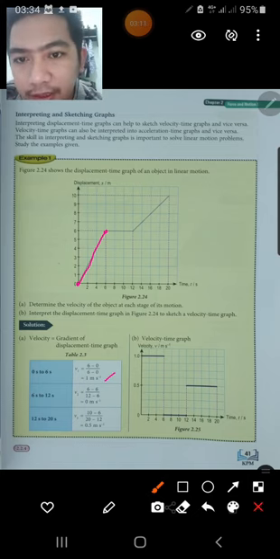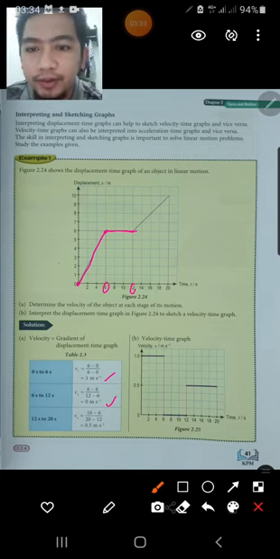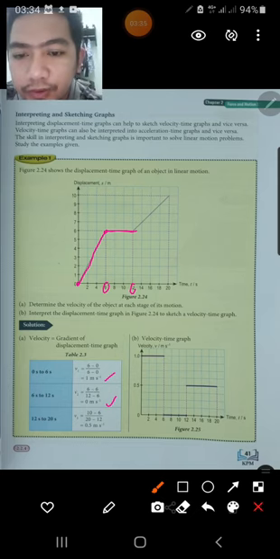So, easy. Then you measure and calculate the gradient from 6 seconds to 12. Look at its shape. You measure and you get the velocity is 0, meaning the object is at rest. It is not moving. And then 12 seconds to 20.